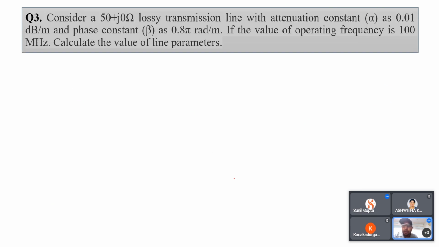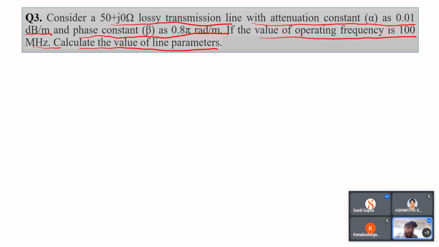So the third question is: consider a 50 ohm lossy transmission line with attenuation constant alpha defined as 0.01 dB per meter, and the phase constant is 0.8 pi radian per meter. If the operating frequency is 100 megahertz, calculate the value of the line parameters.